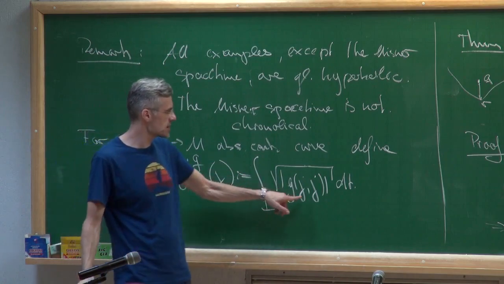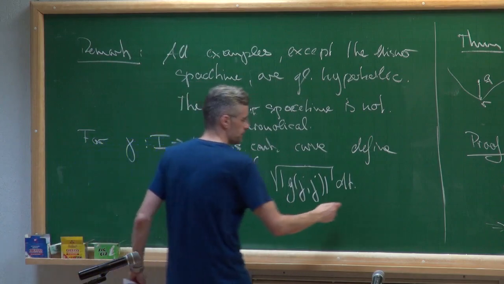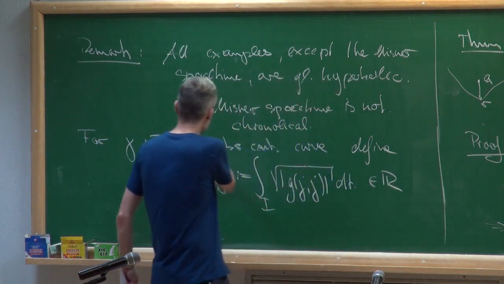If it's absolutely continuous, this is well defined almost everywhere, so you can write this down, if I is compact, for example.